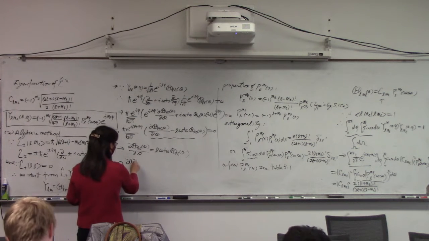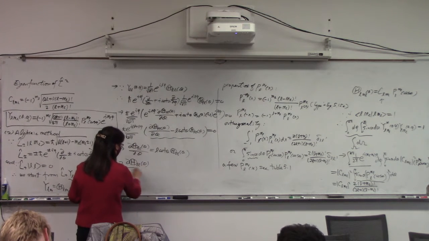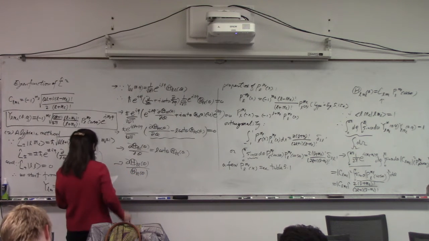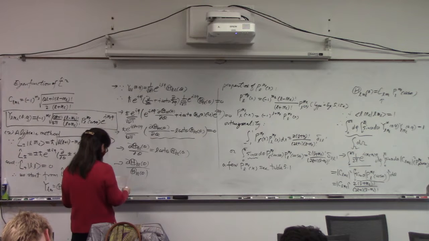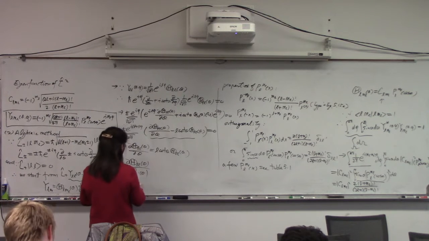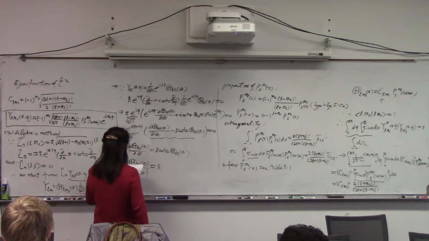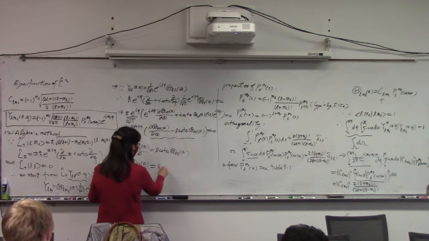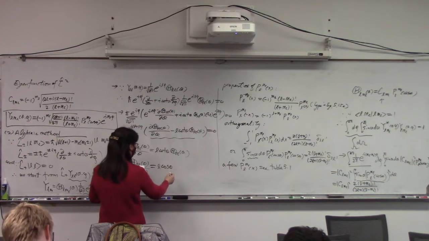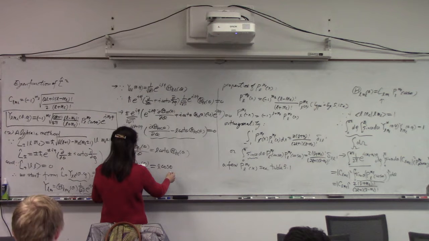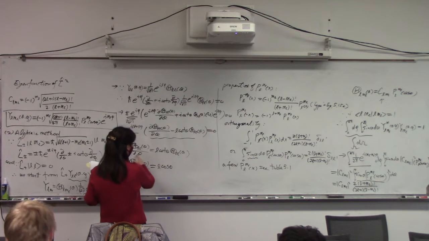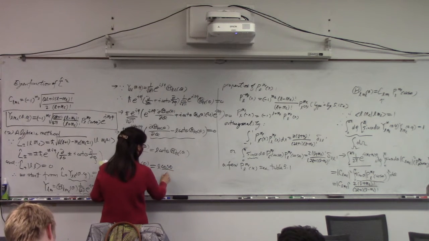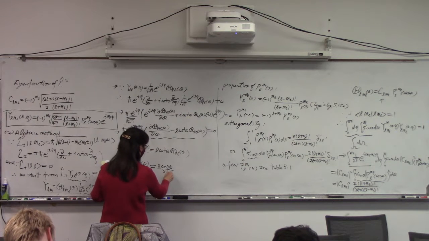So you can see, let's do this. Partial theta of capital theta L over capital theta L equal to L cotangent theta, which is cosine theta over sine theta, d theta.